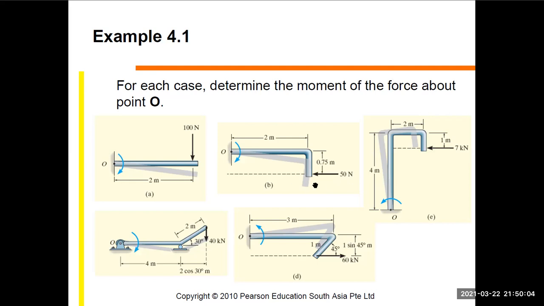This force 50, the perpendicular distance between the line of action of the 50 and point O is 0.75 meter. So the moment حتكون ال 50 times 0.75. direction تبعنا الthumb أو الفينجرز اتجاه الفورس curved اتجاه point. The direction of the thumb حيكون inside the page.